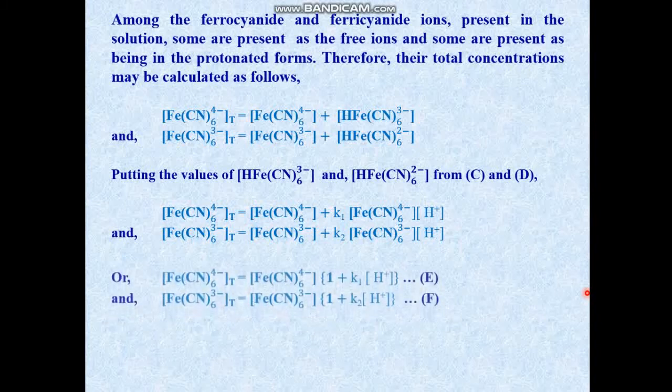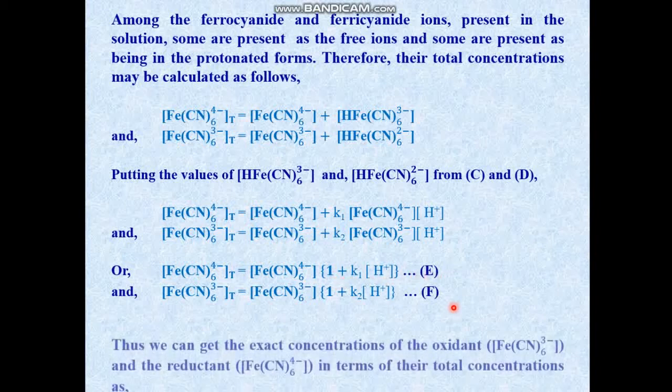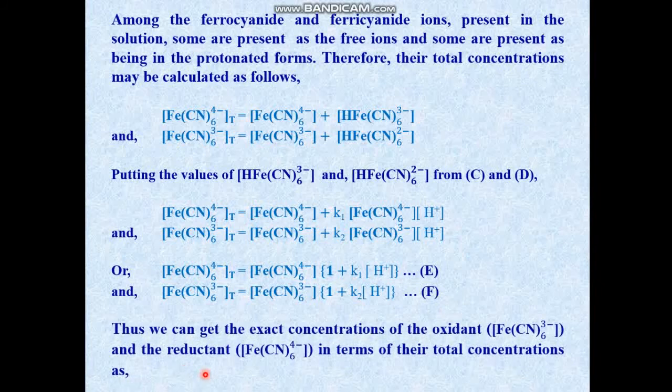Now take in common the Fe(CN)6 4-. Then after having taken the common factor, you get these parameters in the brackets. So thus we get equations E and F, and finally we can get the exact concentrations of the oxidant, that means the ferricyanide ion, and the reductant, that is the ferrocyanide ion, in terms of their total concentrations.